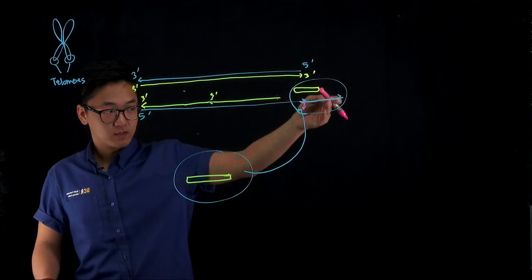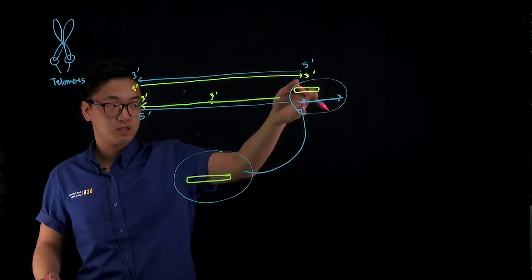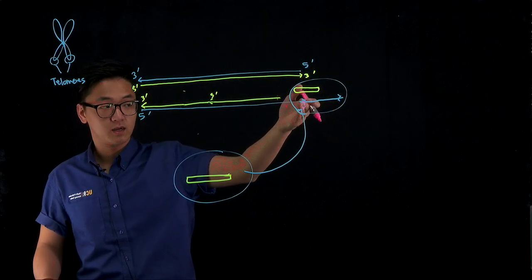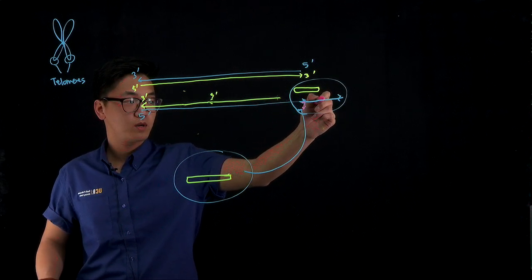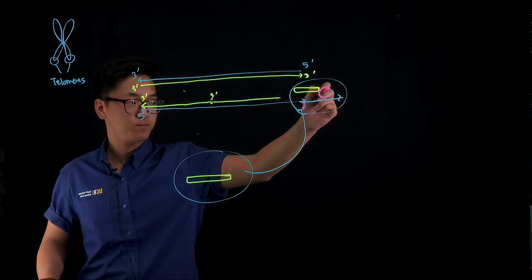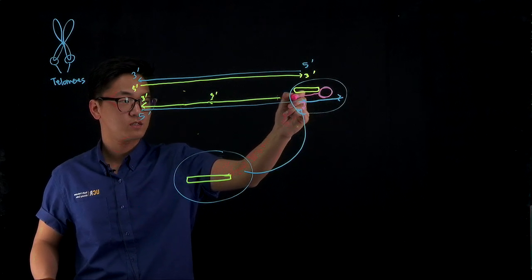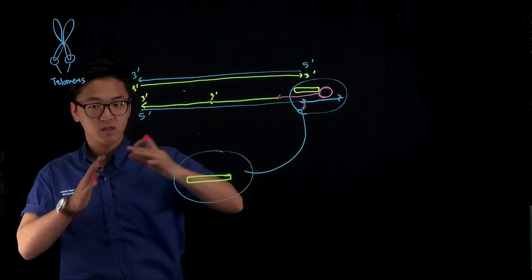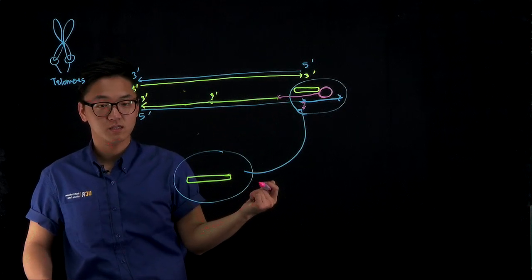After we provide base repeats for the overhanging DNA strand, we put a primer here. Then we'll be able to synthesize and copy the complete DNA strand of the newly synthesized DNA.